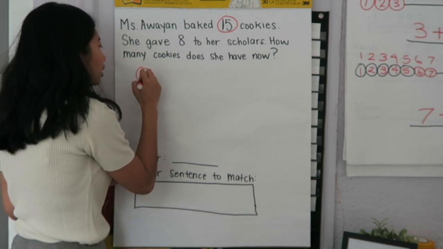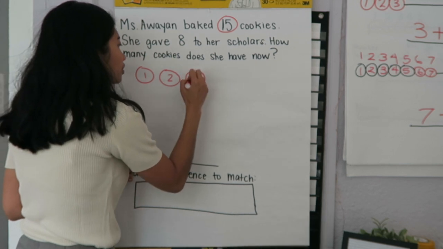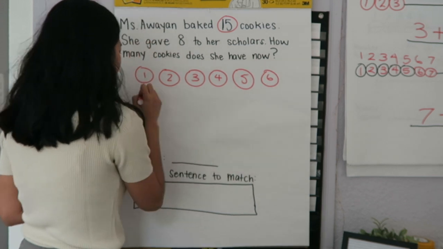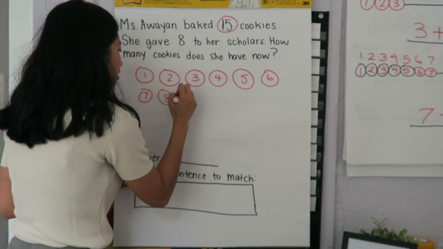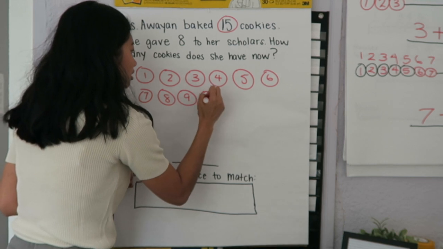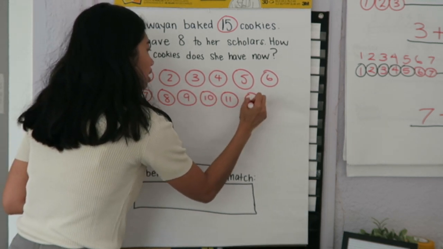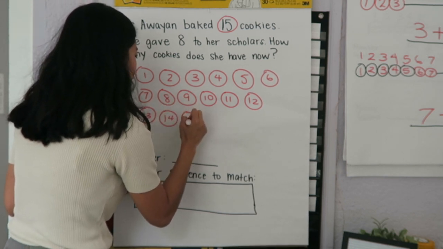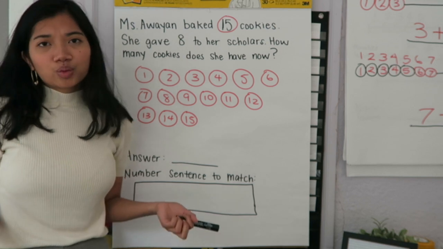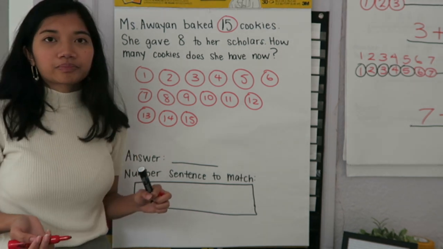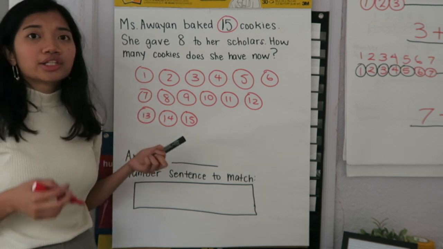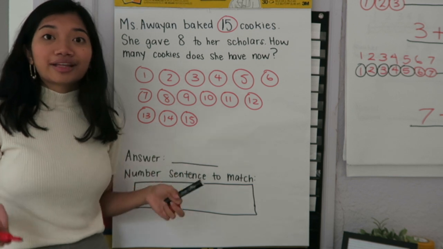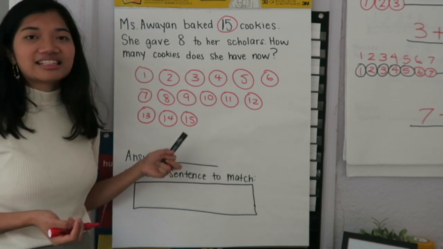Ready? 1, 2, 3, 4, 5, 6, 7, 8, 9, 10, 11, 12, 13, 14, 15. Did I draw actual cookies? No, I only drew circles to represent my cookies because circles are easier to count and to label.